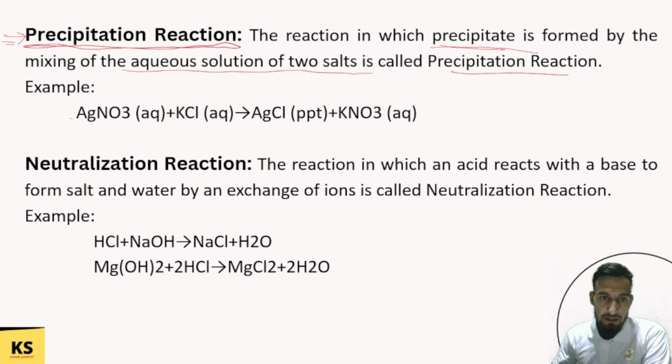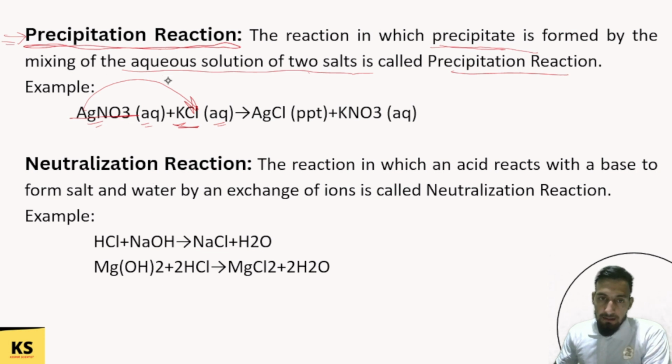For example, AgNO3, silver nitrate, and KCl give us AgCl. They are both in aqueous form. Look at this: there is a mixing of aqueous solutions of two salts. One is a salt of silver and the other is a salt of potassium.